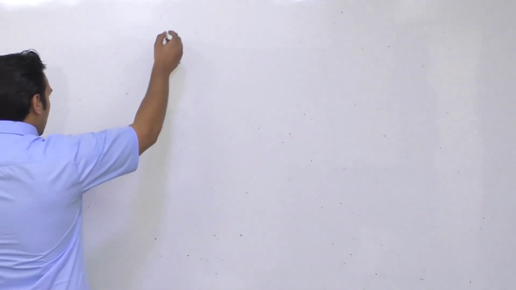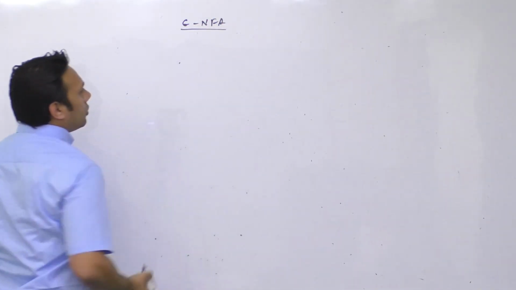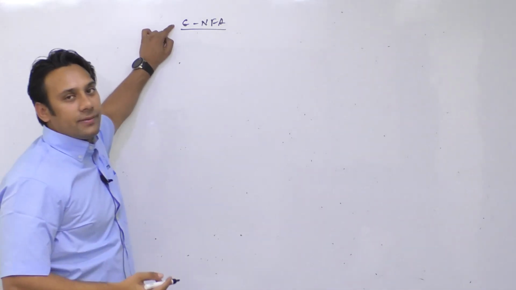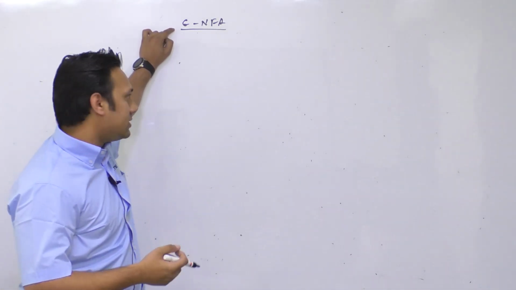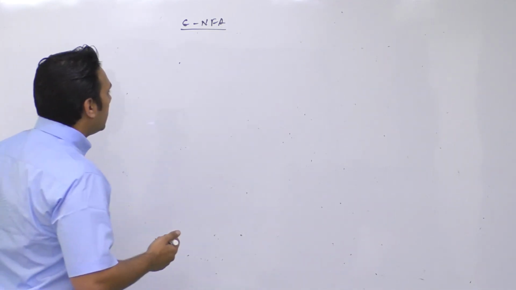In this session we are discussing epsilon non-deterministic finite automata. As I told you, epsilon is a string of length 0. There are a few properties of epsilon that you should know.